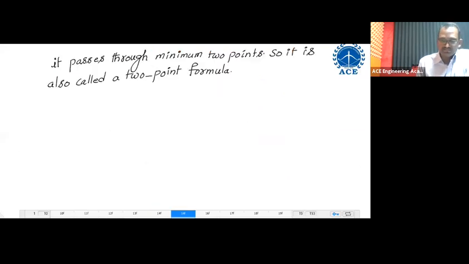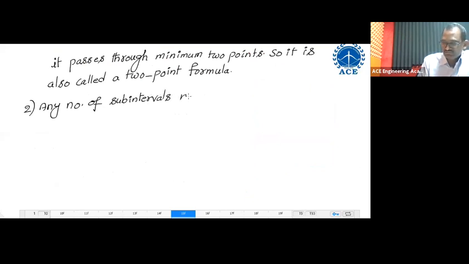So the number of required subintervals can be any number, but minimum one compulsory.